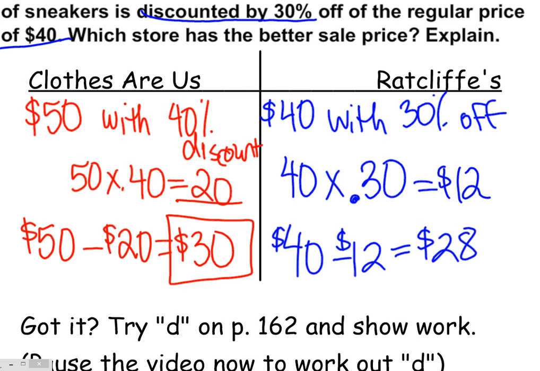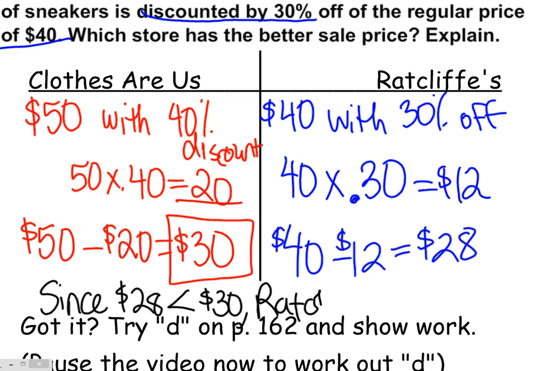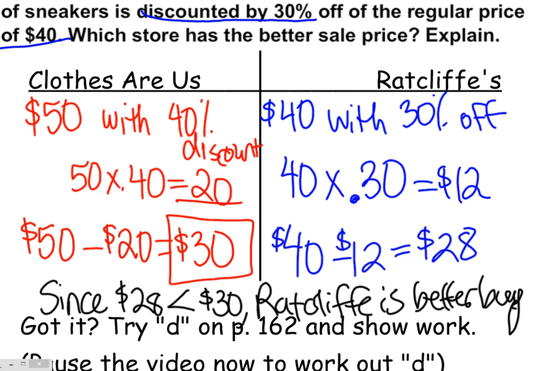So to me, it looks like Ratcliffe's has the much better deal since, this is my explanation here, since $28 is less than $30, Ratcliffe's is the better buy. And I'm writing a sentence to explain my thinking.